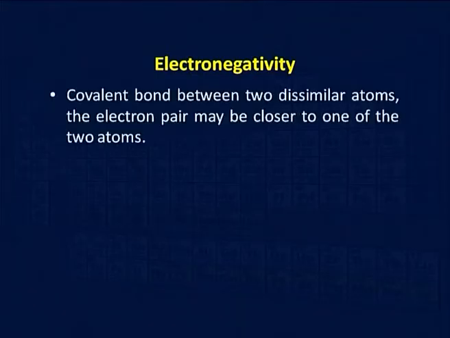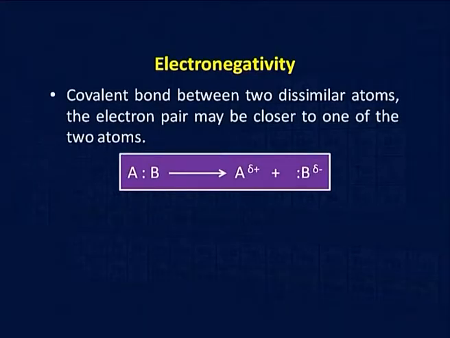Therefore, the shared pair lies at the center of the two nuclei. No poles are formed, so the molecule is said to be non-polar. But when a covalent bond is formed between two dissimilar atoms, the electron pair may be closer to one of the two atoms because of the force of attraction exerted by its nucleus.